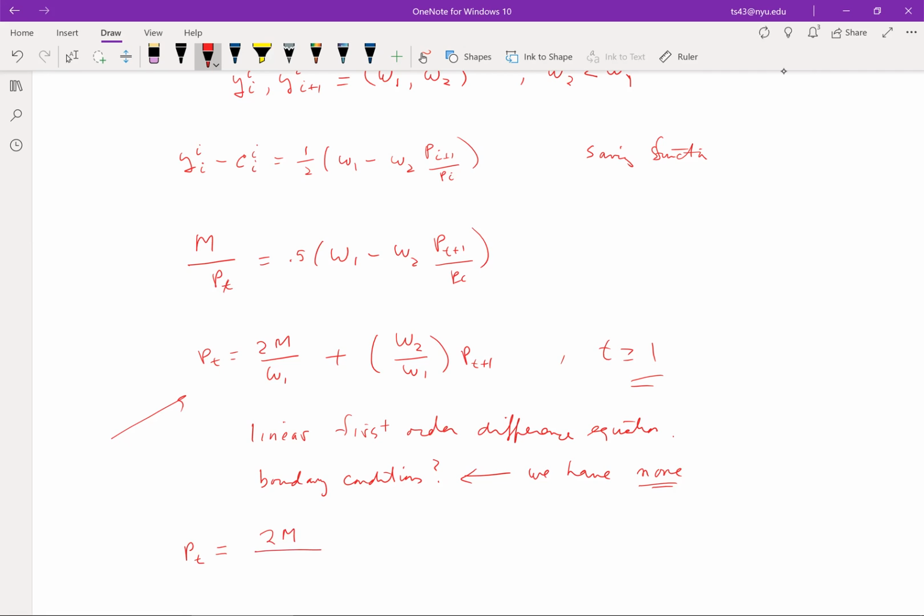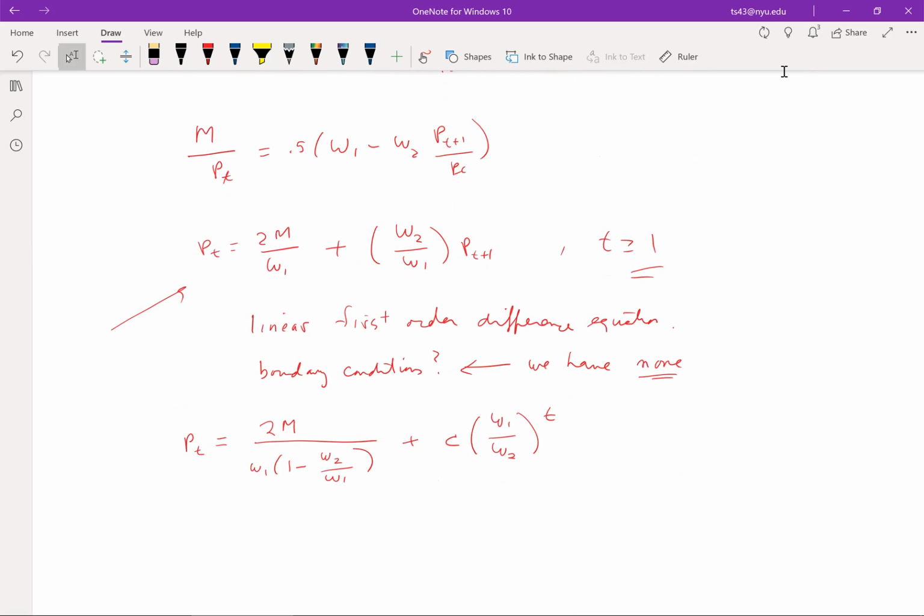And you check this out, for any c greater than or equal to 0.